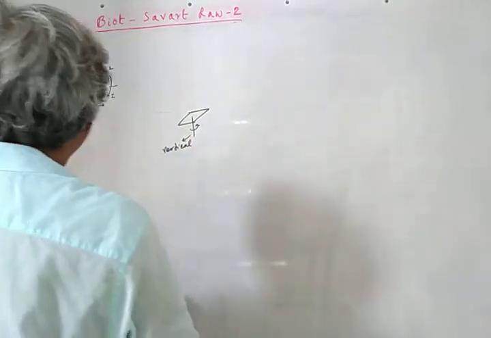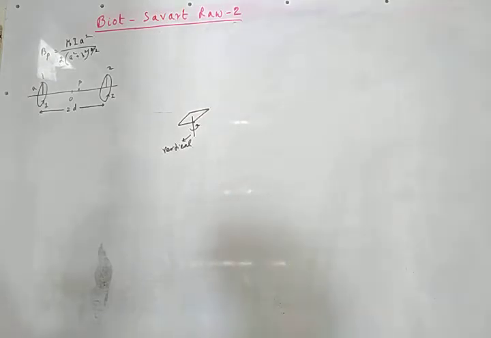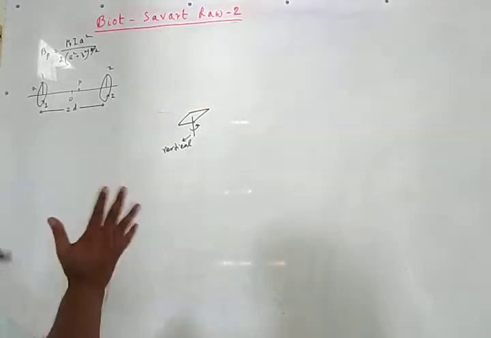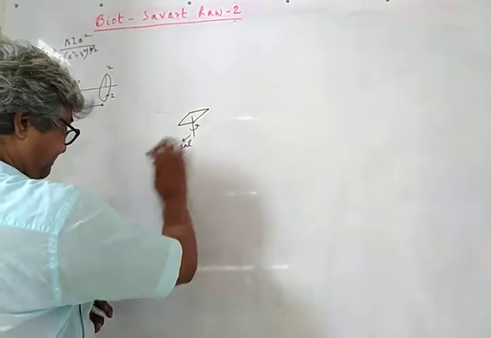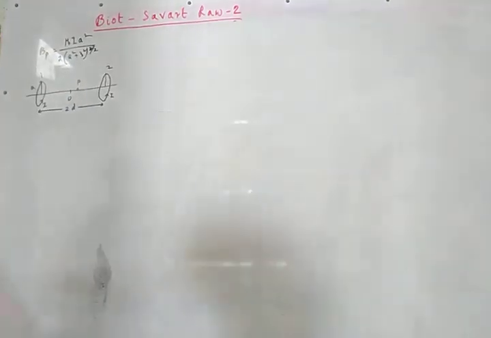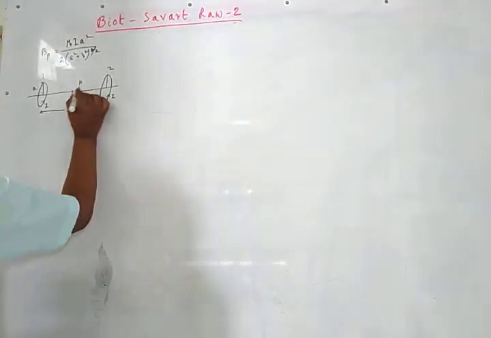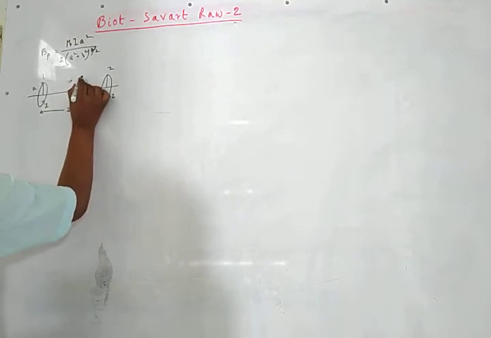So for the free movement of the needle, one should have no translatory force on the needle. That is, the needle must be placed in a uniform field. So our objective is to find out the field at P where this distance is z.